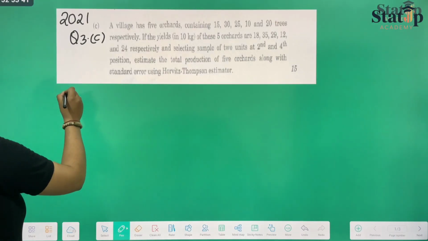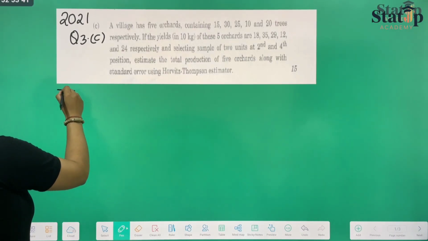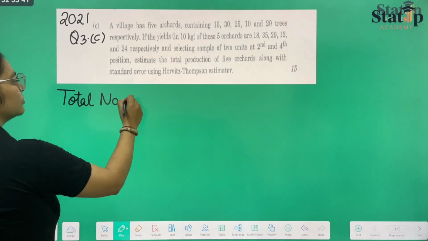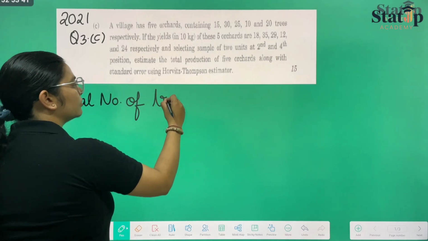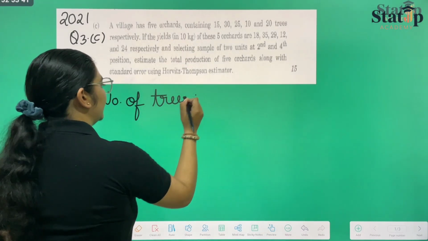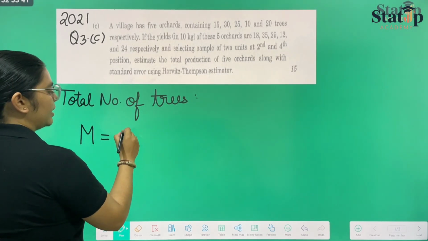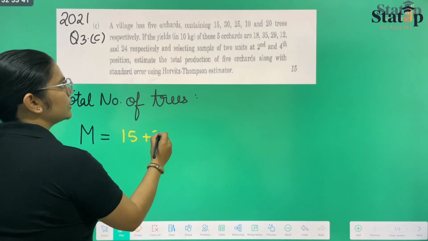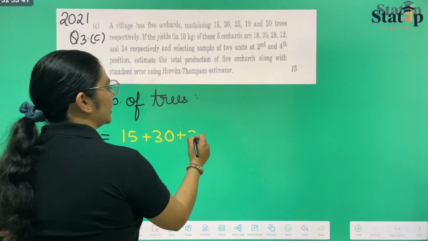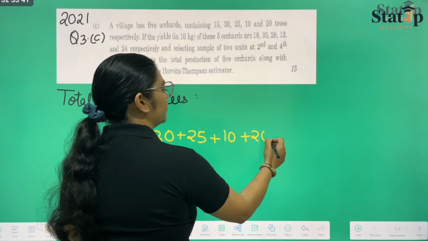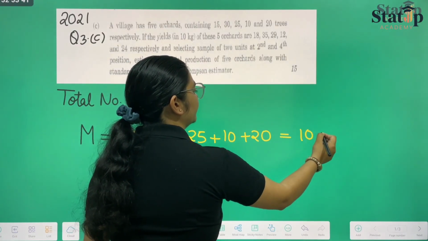So let us consider the total number of trees here as capital M. So M is 15 plus 30 plus 25 plus 10 plus 20. Total are 100 trees.